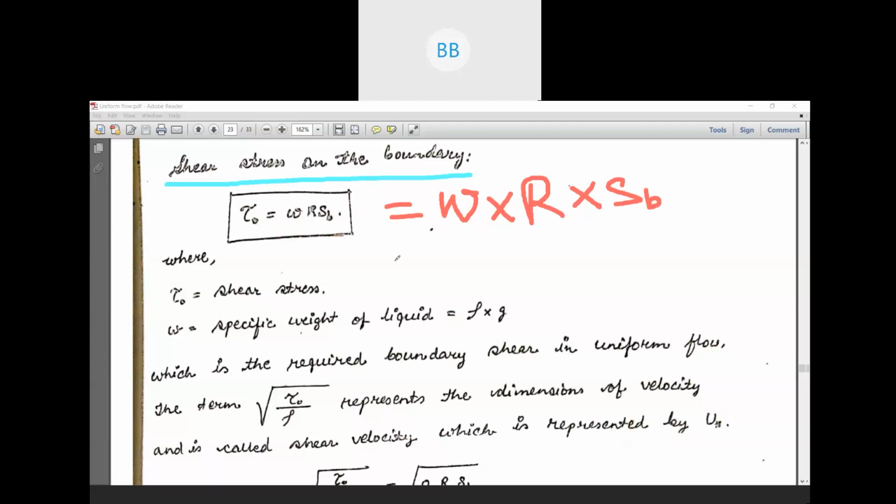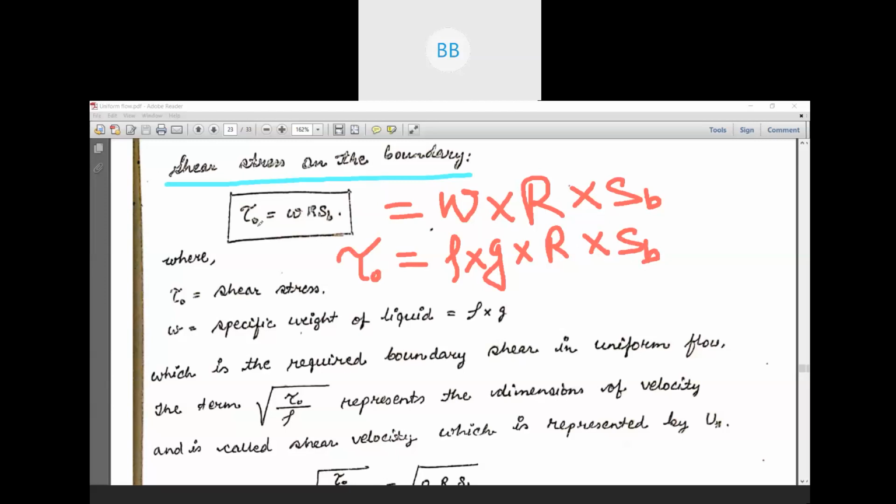Specific weight we can also write as rho into g, multiplied by hydraulic radius R multiplied by bed slope. This is nothing but your shear stress. So you can write it down.